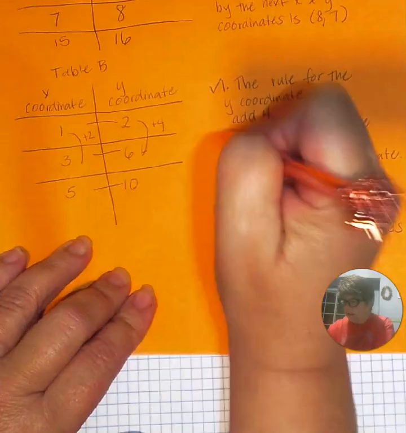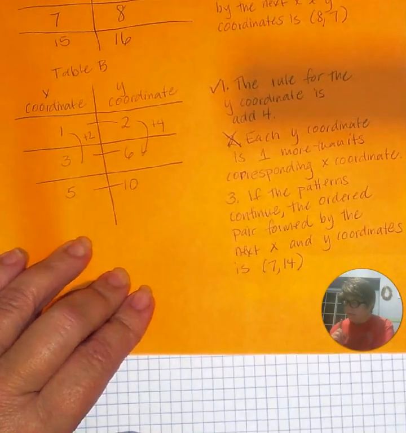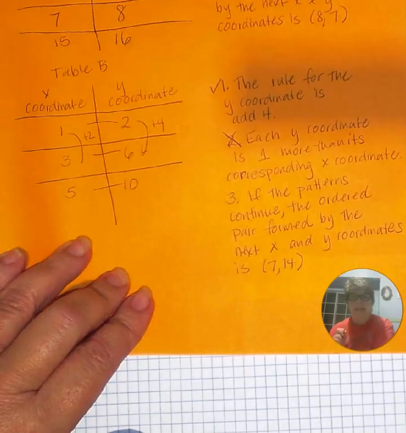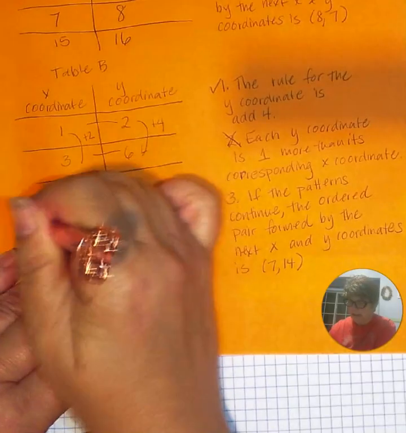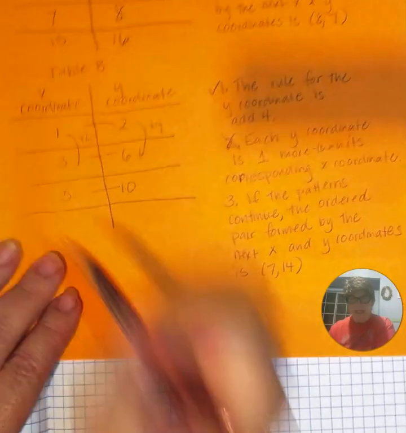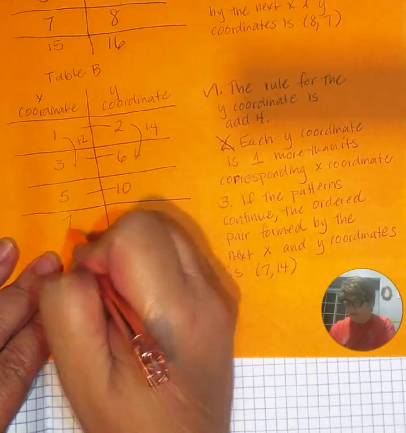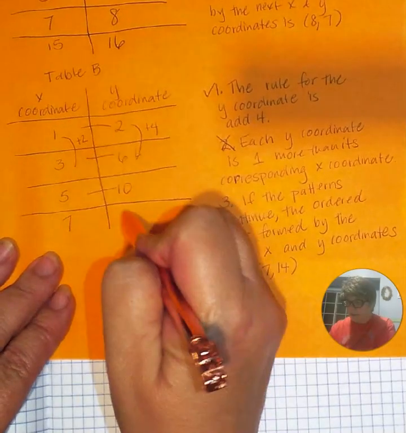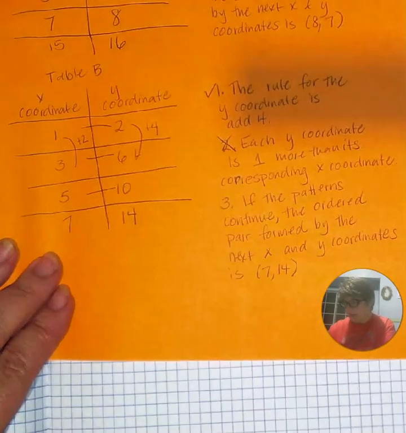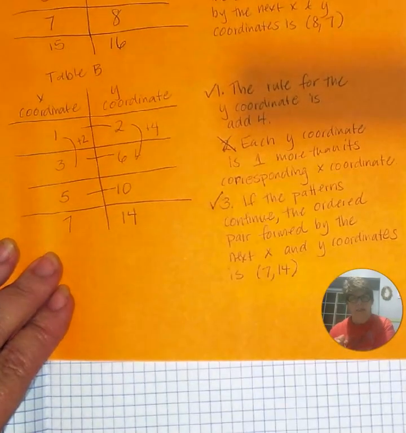Okay, so that is not true. If the patterns continue, the ordered pair formed by the next x and y coordinates is 7, 14. Well, we can check that, right? This one is add 2, so that would be 7. And this one is add 4, so that would be 14. So that is also correct.